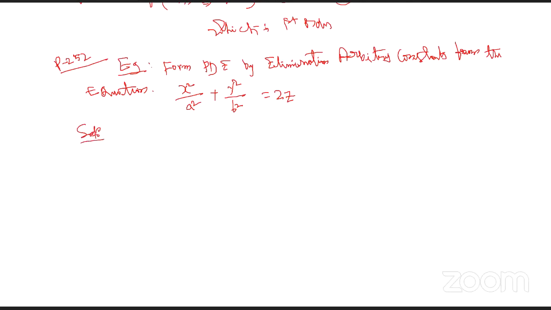So, solution. Given equation, consider this as equation number 1. Differentiate 1 partially with respect to x first and later with respect to y.